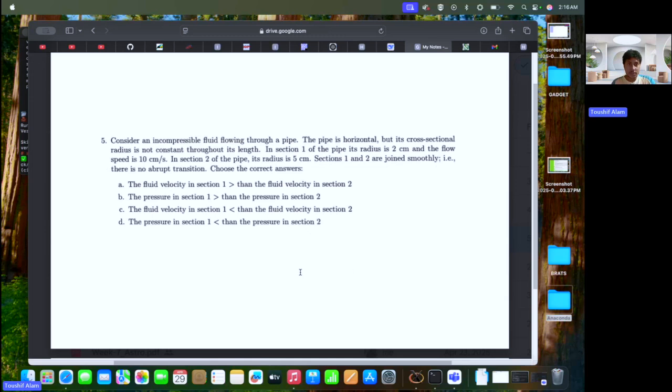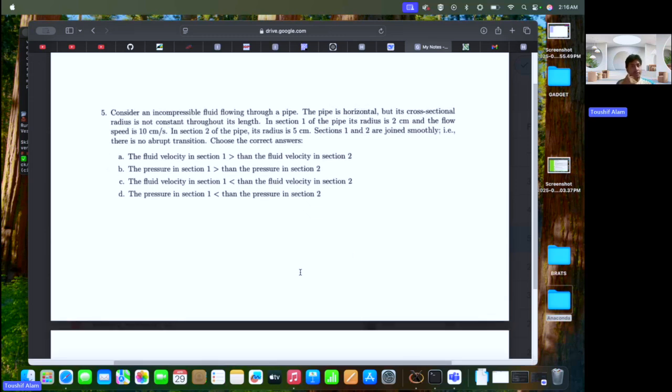Moving on to the next question: consider an incompressible fluid flowing through a pipe. The pipe is horizontal, but its cross-sectional radius is not constant throughout its length. In section 1 of the pipe, its radius is 2 cm and the flow speed is 10 cm per second.